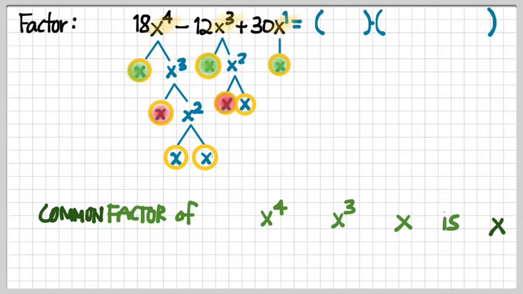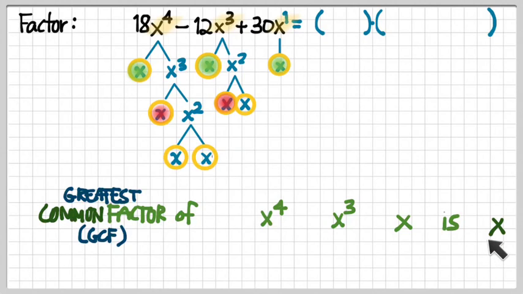And because we can't stick any more x's in here without it no longer being a factor of this last one, we not only call it a common factor, but we call it the common factor that we cannot exceed. We can't make any bigger. It's called the greatest common factor, which is a mouthful, so it's often abbreviated GCF. So the greatest common factor of these three monomials, x to the fourth, x to the third, and x, is x.